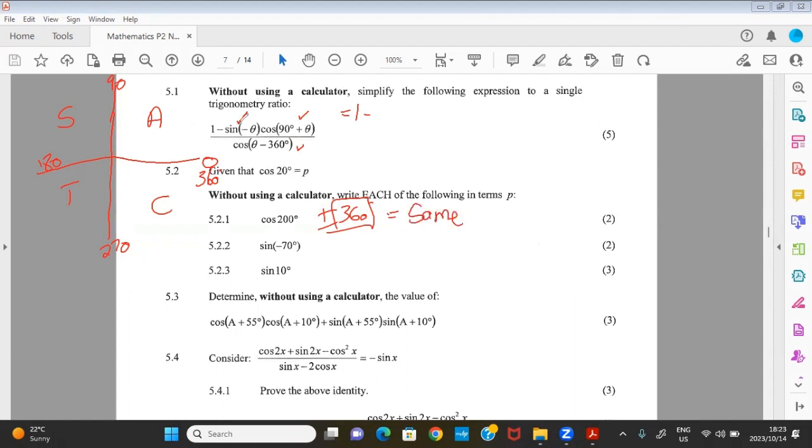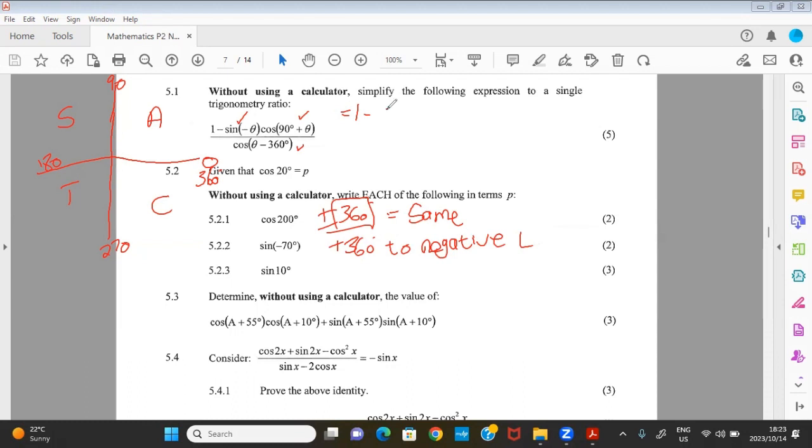So to make these negative angles easier to understand, you're just going to add 360 degrees to that negative angle. Is that clear? To the negative angle.